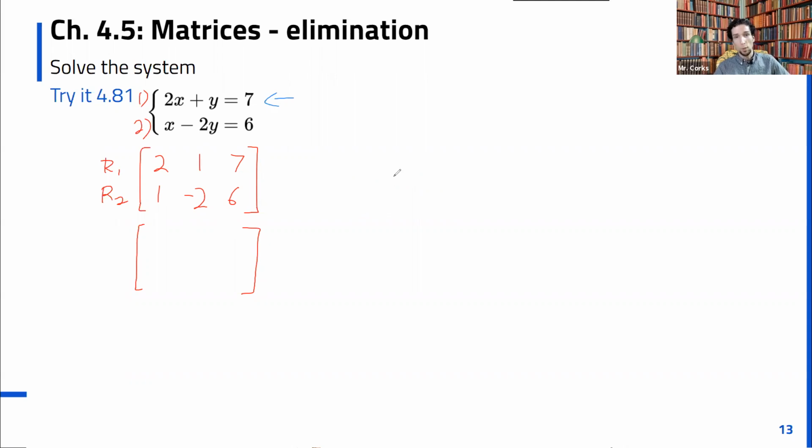Okay, so swapping rows. Remember, the goal is to have a 1 in this spot here. So we can do that and then eliminate down to get rid of the other value in our X column. So the easiest thing we can do right now is just exchange row 1 with row 2. So we'll just rewrite them as 1, -2, 6, and 2, 1, 7.